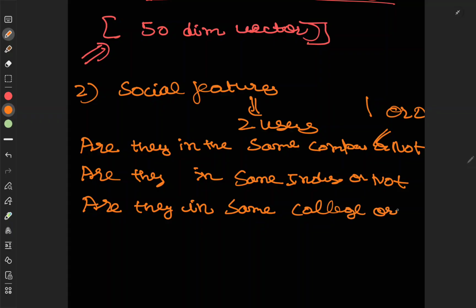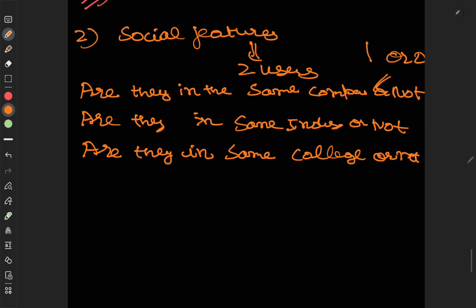Because generally what happens is that if someone is from, let's say, IIM Ahmedabad, and there is another connection who is also from Ahmedabad, but he is a senior, there are high chances that if we show him that recommendation, he would connect to that particular user to grow his networking, right? Then comes what were the overlapping years in the college.